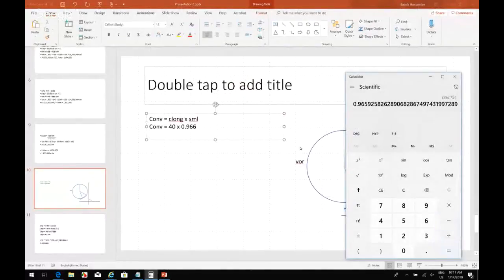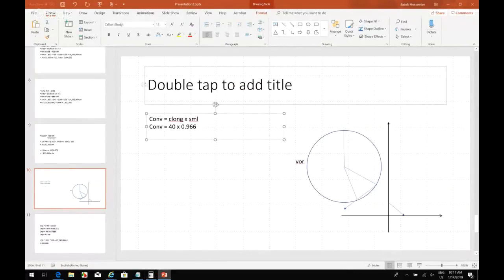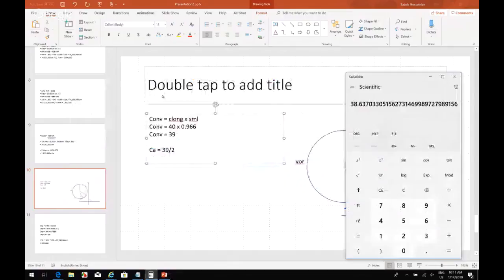So let's multiply this by 40. That's 39. So convergency is 39. And if we want the convergency angle, that's 39 divided by 2. Divided by 2, 19.3.